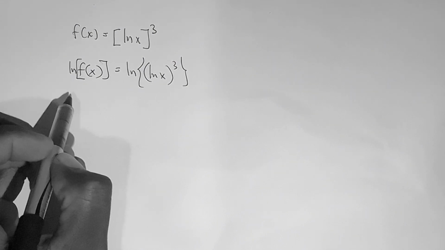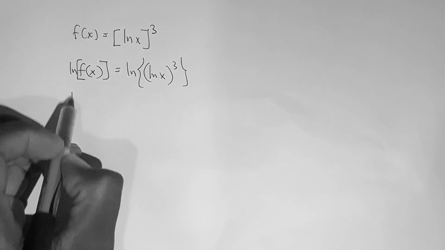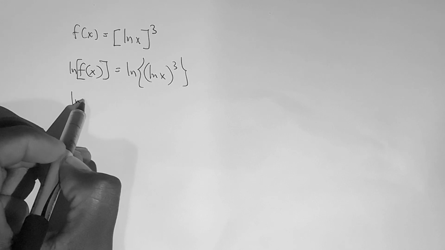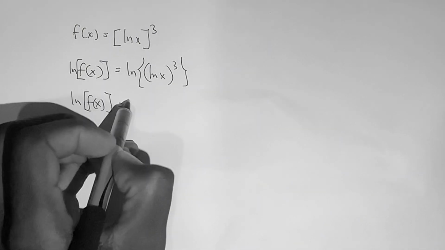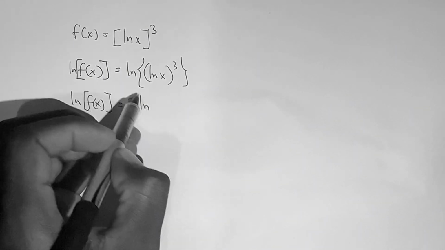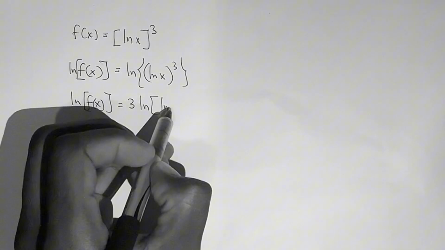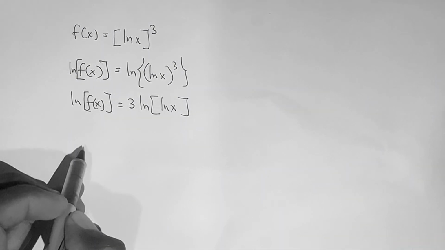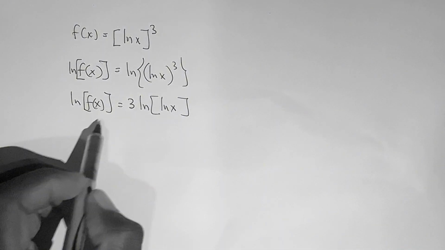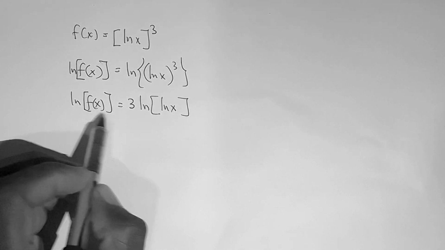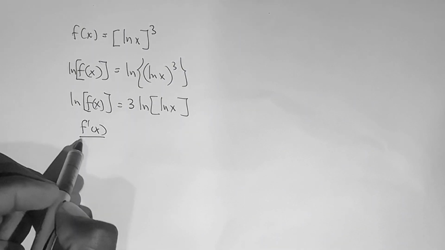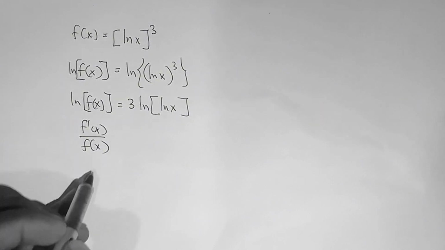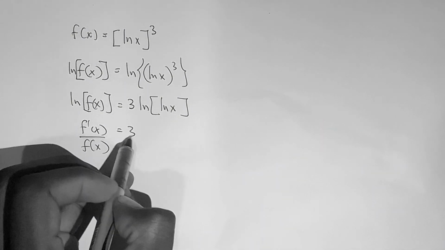So this then becomes ln f of x equals 3, we are bringing this down, so 3 ln of ln x. So now remember that we said that if you differentiate ln of a function, it is f prime of x divided by f of x. Then this is equal to 3 times.